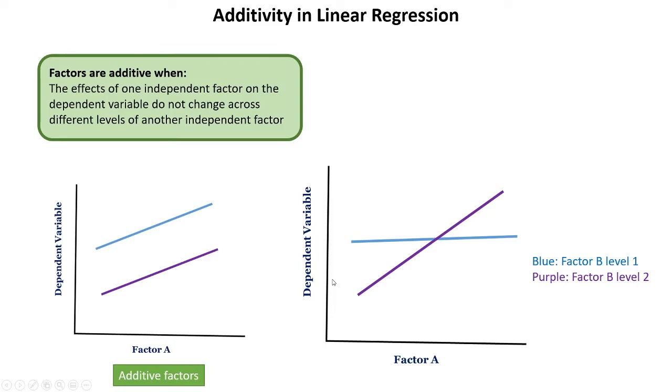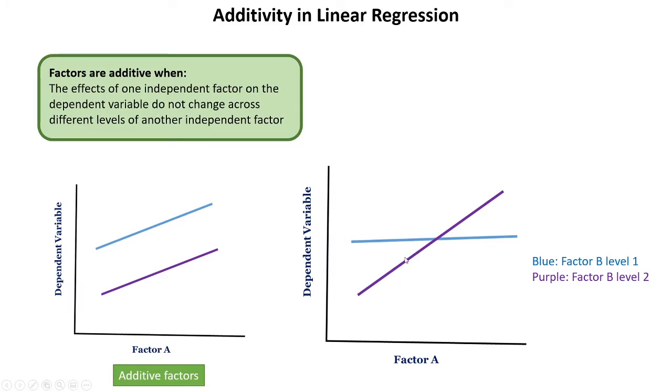Conversely, if you move across different levels of factor A with factor B at level 1, and have a different effect on the dependent variable than moving across different levels of factor A when you're at level 2 of factor B, now factor A has an interactive term with factor B, right?